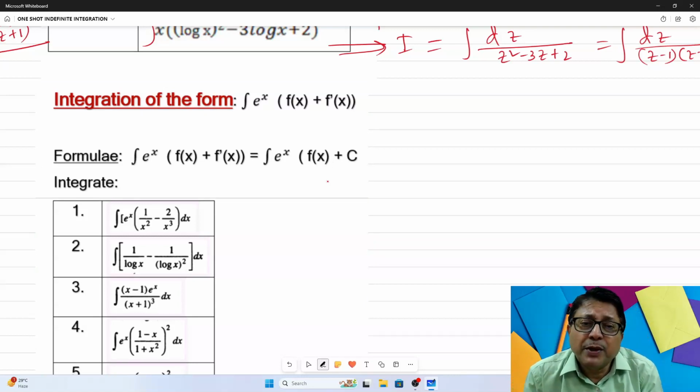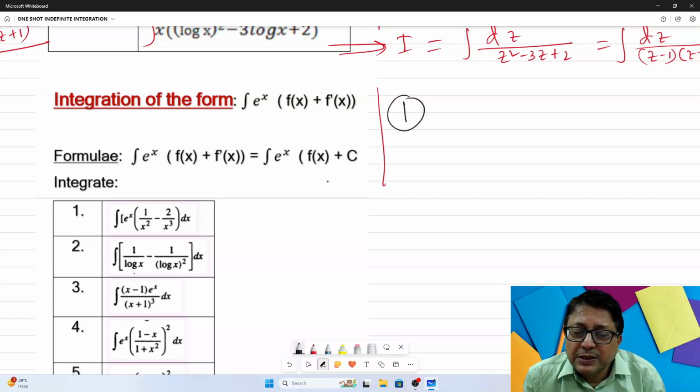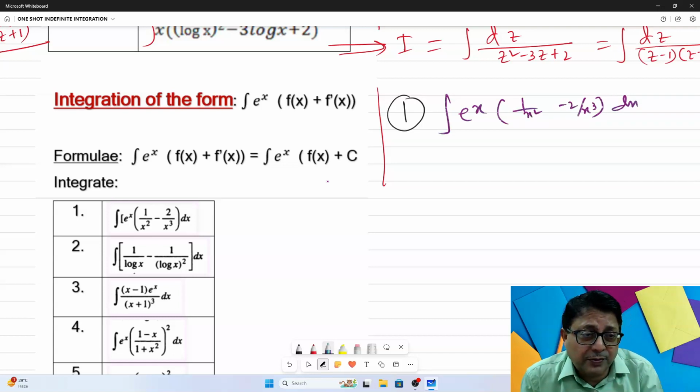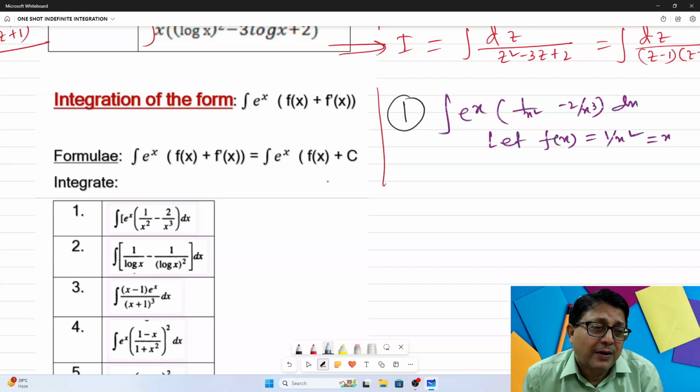Suppose for this one, number 1, we are going to solve here. Which one is fx, which one is f dash x? e to the power x, 1 by x squared, 2 by x cube. I am just showing you the method of solving one sum for your board examination. You just take fx equal to 1 by x square, or x to the power minus 2.